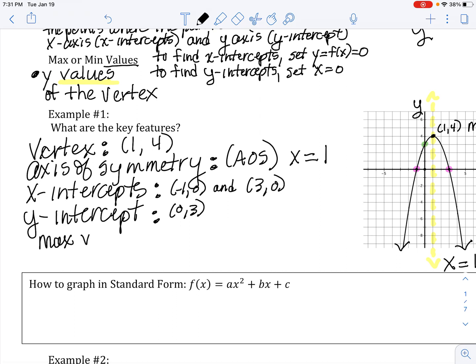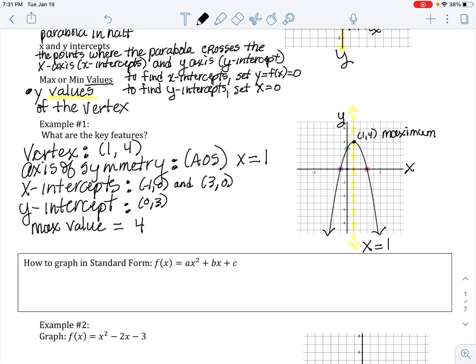The max value is the y value of the vertex, and that is 4. So there are no other y values on the function that exceed 4, because think about it. The highest y is at 4, and so we call that the max value.